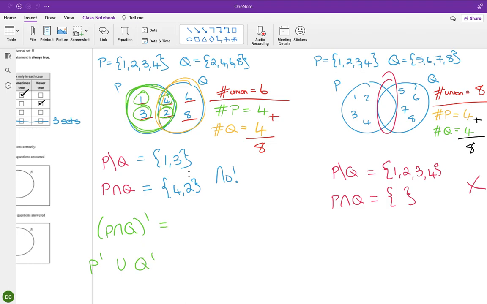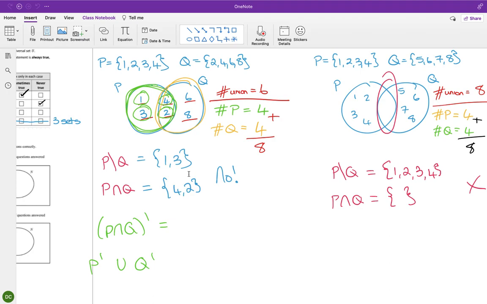So, what is P intersection Q complement? Erin, do you know? 1, 3, 6, 8. Very good. So P intersection Q complement is everything outside of the intersection.